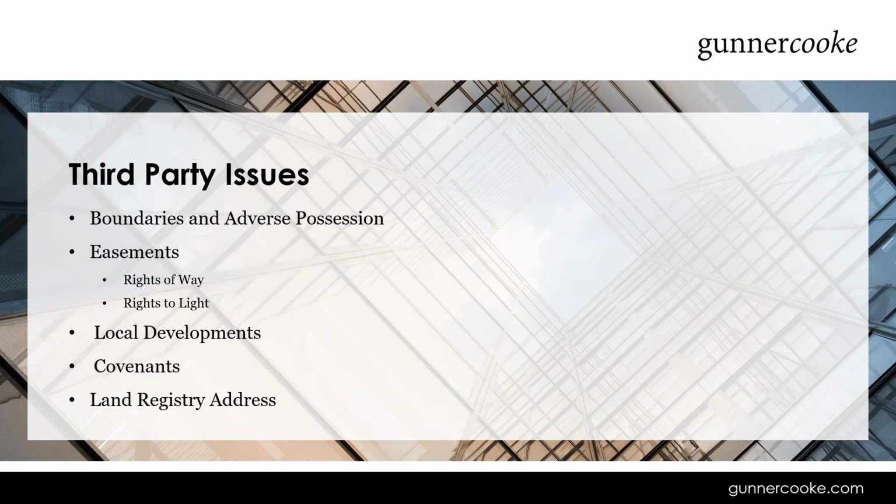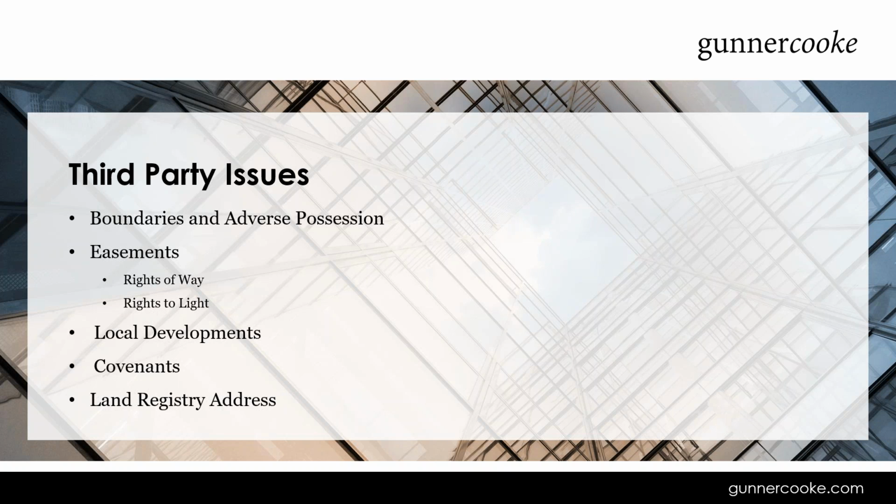Easements are the other one that come up on a fairly regular basis. Rights of way. Now, rights of way, if somebody is walking across the property or using it for access, this quite often happens across car parks. So you will end up with people perhaps using the back gate from their property to walk across the car park to a main road and so on.